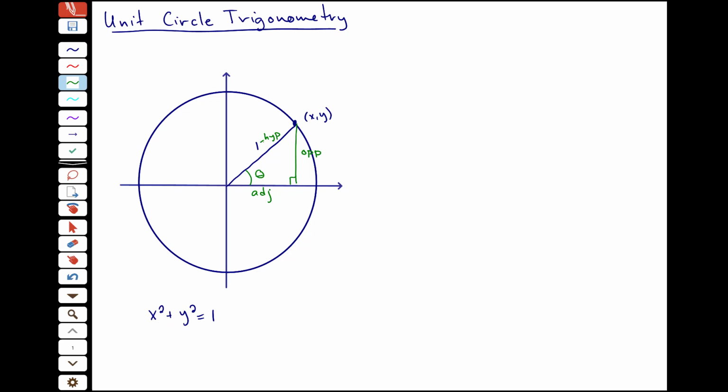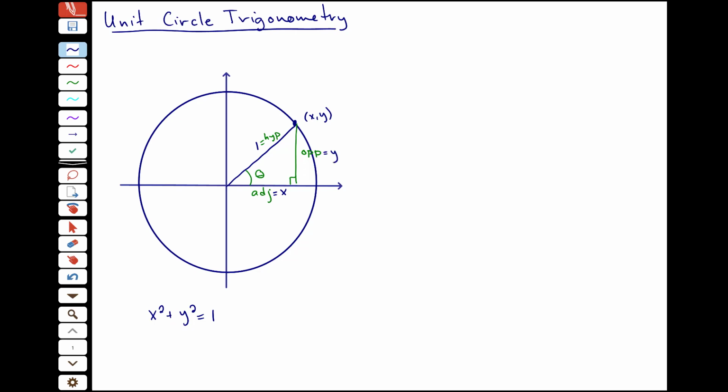And what we see is that if our triangle lies on the unit circle, the hypotenuse is always going to have length 1, and also the adjacent side has length x, because the length of that side gives us the x coordinate of this point, and the opposite side is going to have length y.